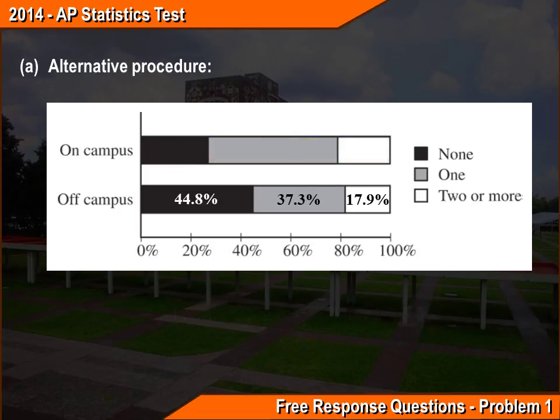In the same way, if you add the one activity portion and two or more activity portions in the corresponding off-campus bar, you are going to find that the portion of students participating in at least one activity living off-campus will be 55.2%.